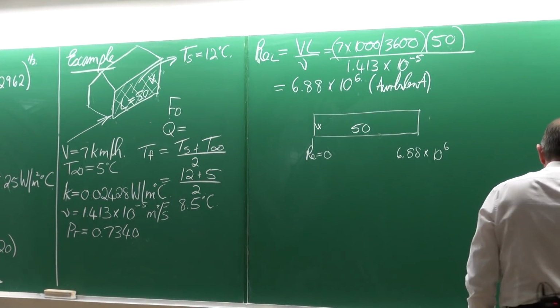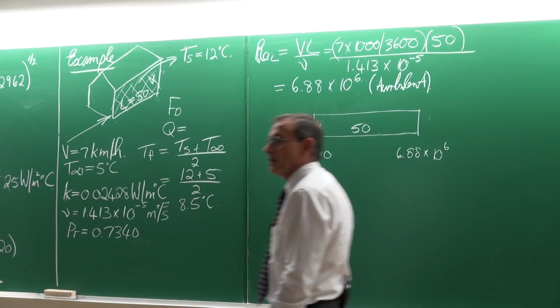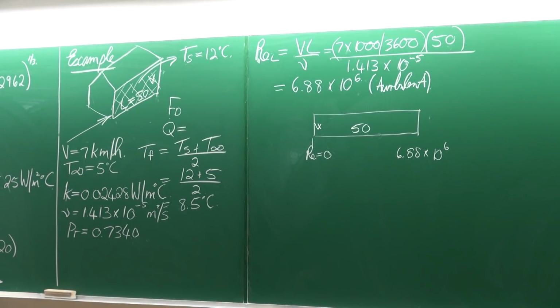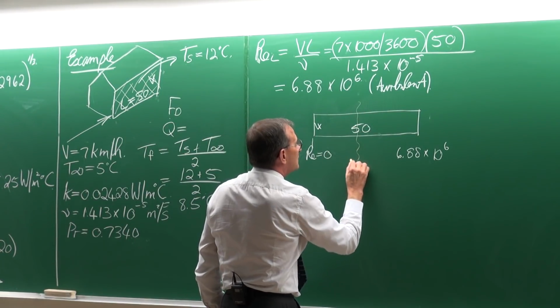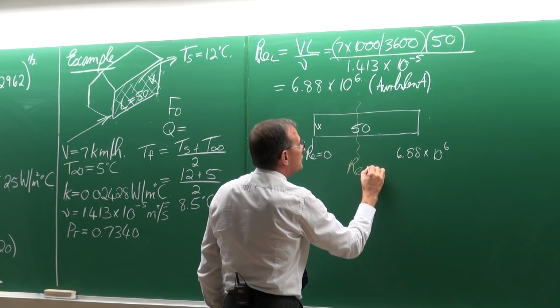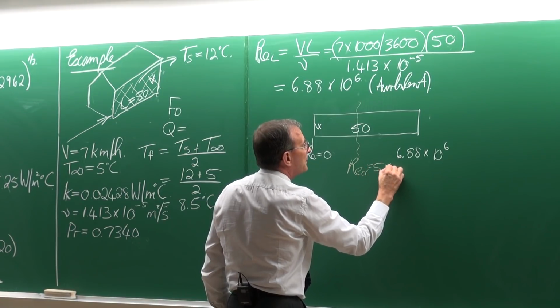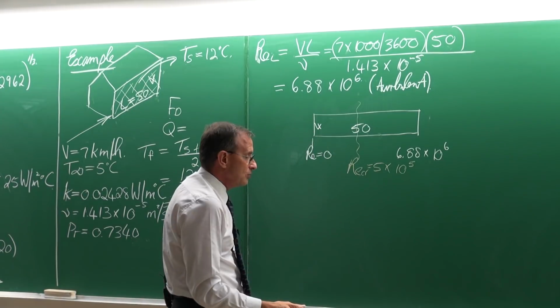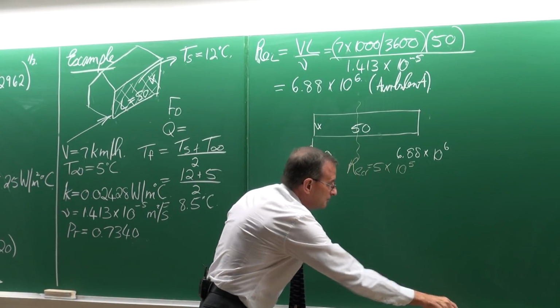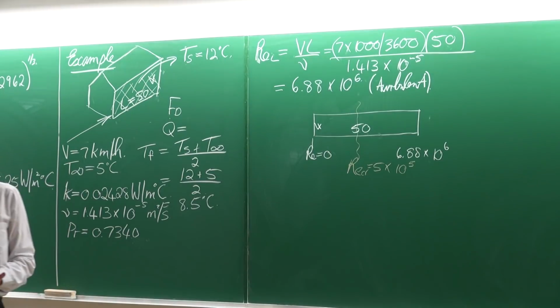So the question is, where will the flow change from laminar to turbulent? And it will change at the critical Reynolds number of 5 multiplied by 10 to the 5. So what we can do is calculate where that is by using the critical Reynolds number.